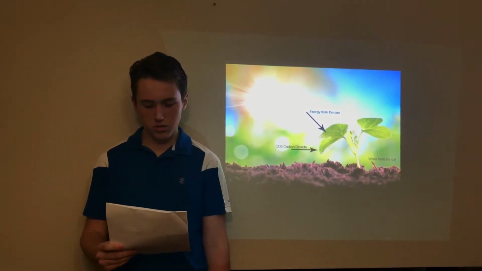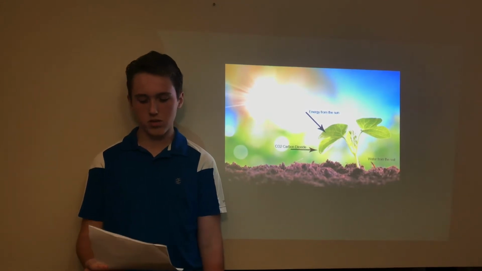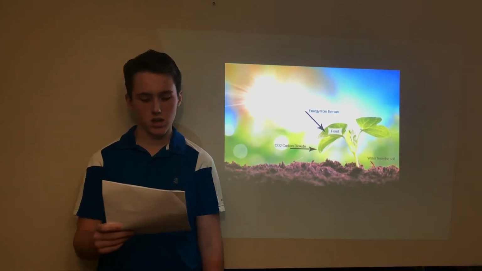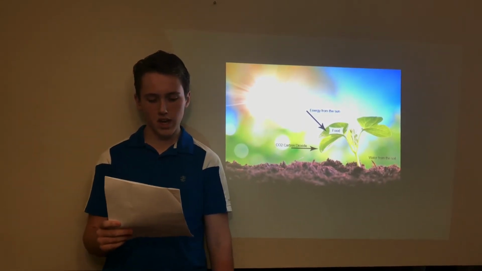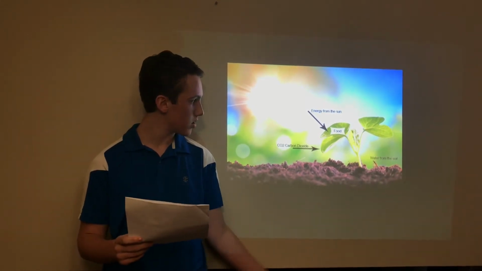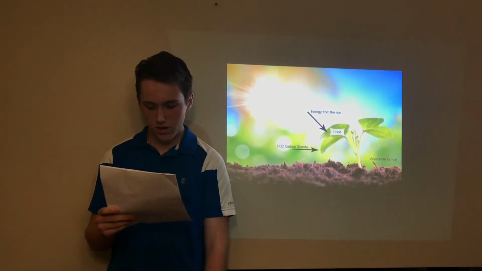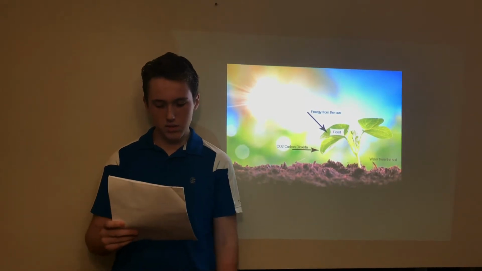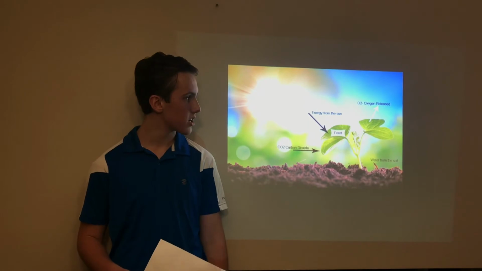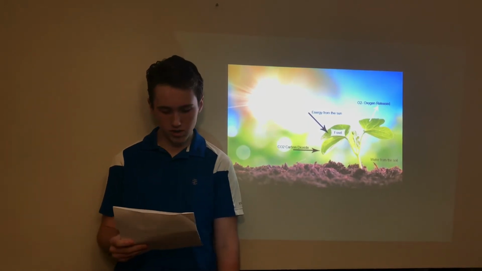Then, water is absorbed by the roots and passes through the vessels in the stem on its way to the leaves. The plant turns all this into glucose, or food, for the plant. From this process, the plants produce oxygen as a waste product and release it into the atmosphere.